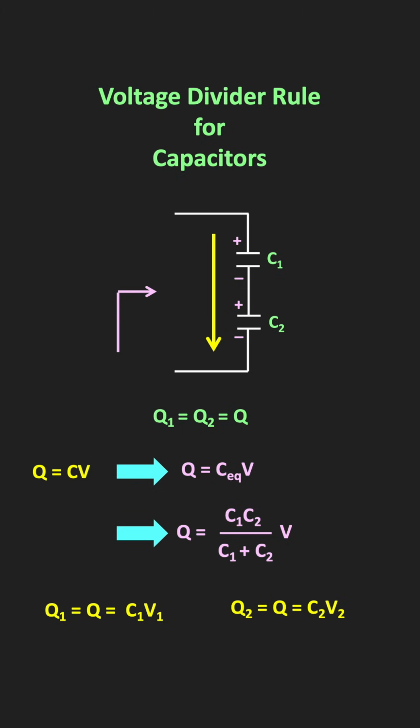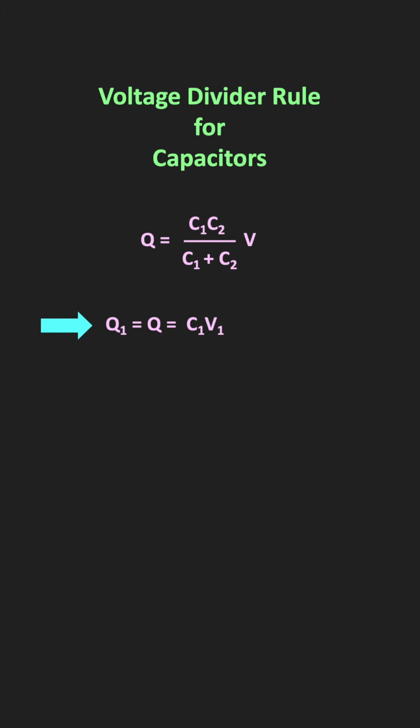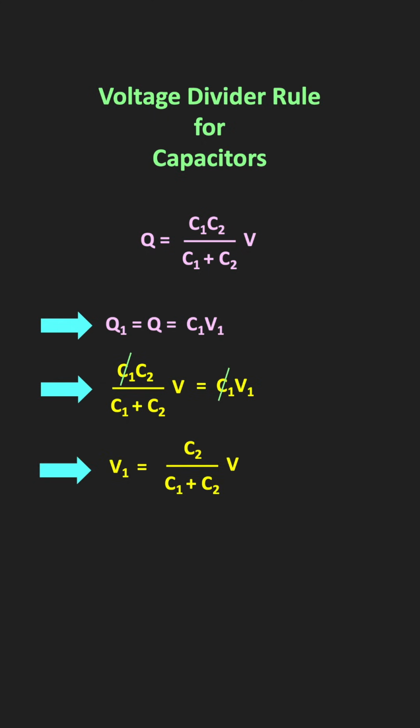In the expression of the charge Q1, let us put the value of Q. That means Q is equal to C1 times C2 divided by C1 plus C2 times V, which is equal to C1 times V1. Here, C1 will get cancelled on both sides, and we can say that the voltage V1 is equal to C2 divided by C1 plus C2 times V.